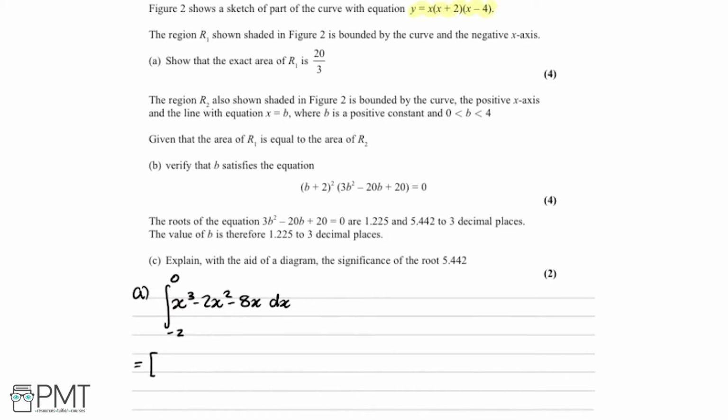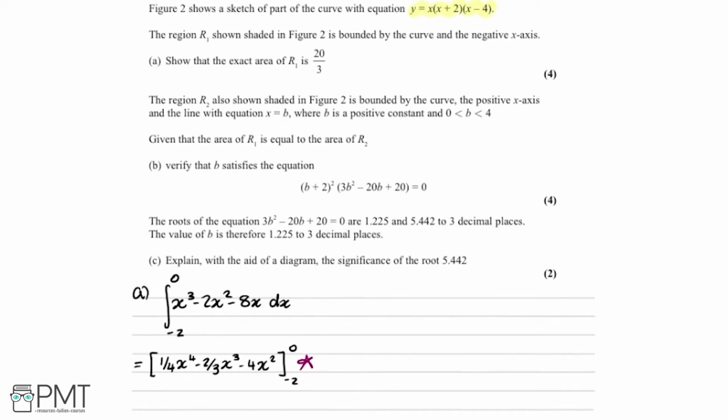Starting with the first one, we add 1 to the power, so we get 4 and then divide by it, so we get a quarter x to the power of 4. For the next one, again we add 1 to the power, so we get 3 and divide by it, so we get minus 2 over 3, x to the power of 3. And for the last one, we divide by 2, so we get minus 4x squared, and that's between minus 2 and 0.